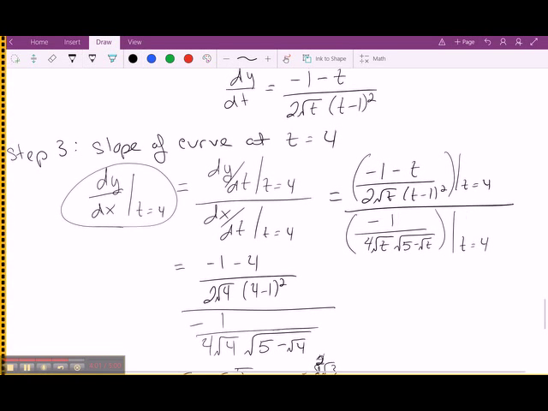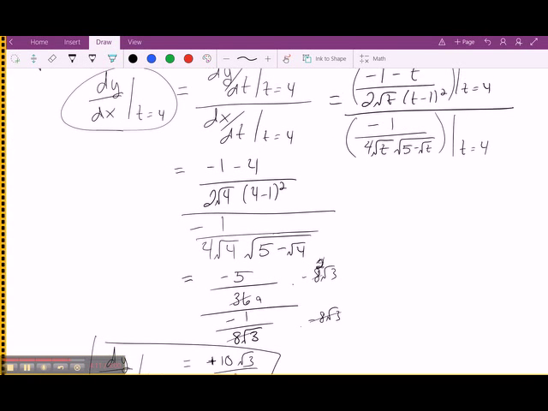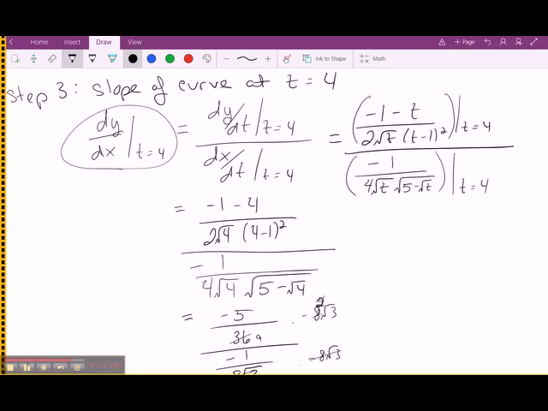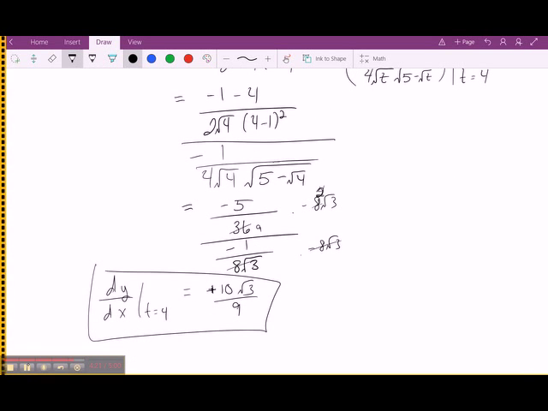So take both of your derivatives that we just found, evaluate them at t equals 4, and you get this great big function over this great big function with 4 plugged in. And then that is all going to simplify down to 10 square root of 3 over 9.